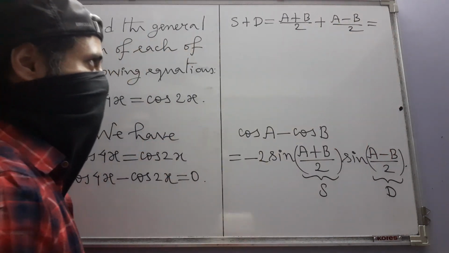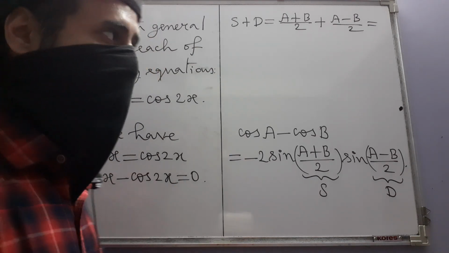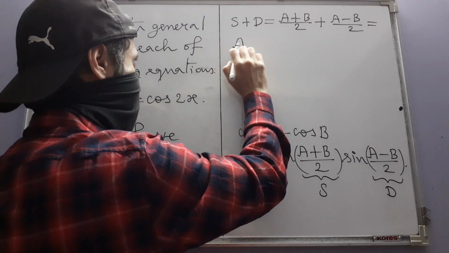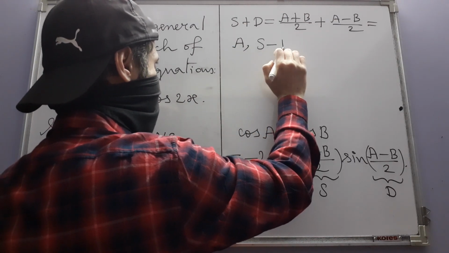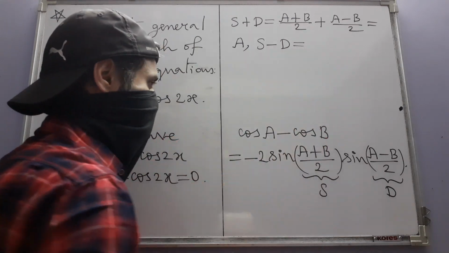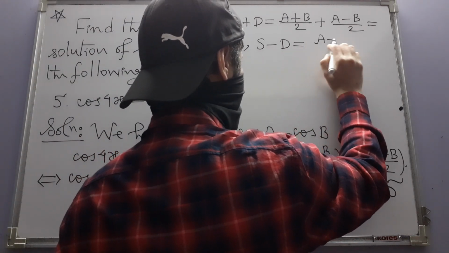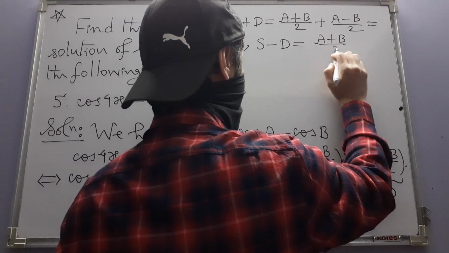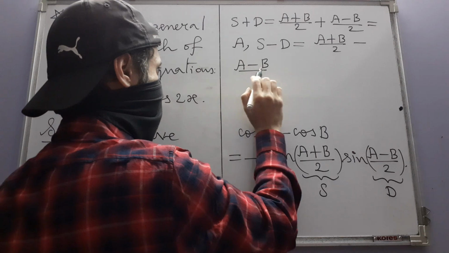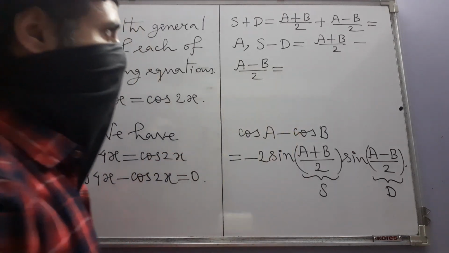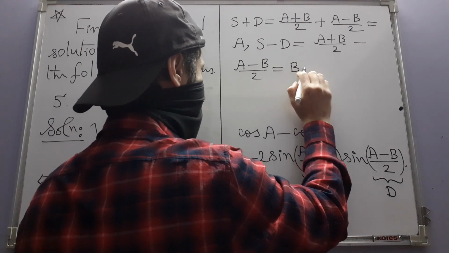Obviously, the B terms get cancelled and we have twice A over 2, so we get A. Similarly, if you subtract D from S, that is just this. Now, however, the A terms get cancelled and we ultimately get B.